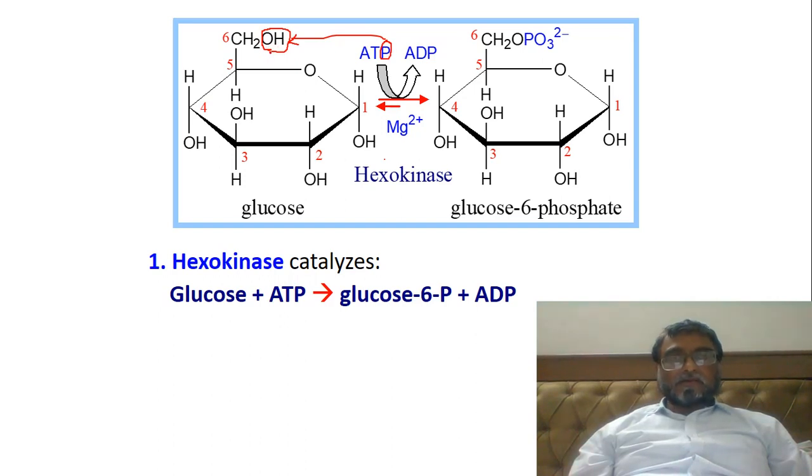To an alcohol group. I think you are getting these points and how that enzyme works. I have taken this process from glycolysis, and you are well aware of the glycolysis process. This is taken from the initial point of glycolysis.